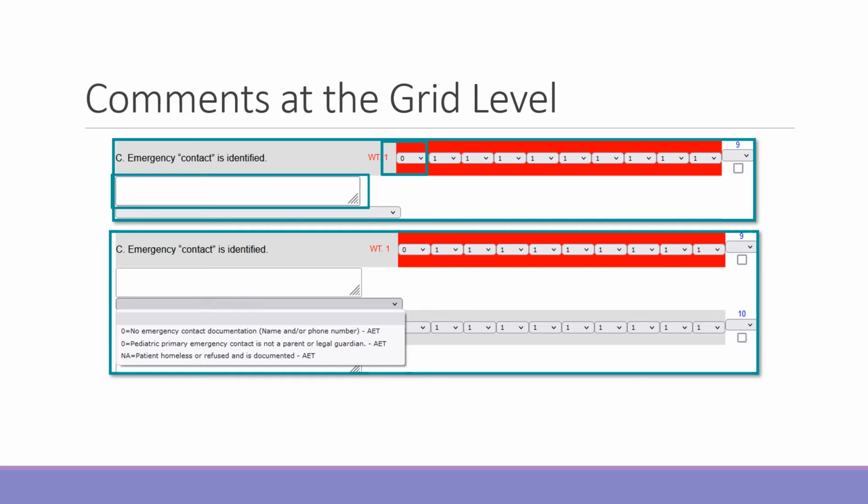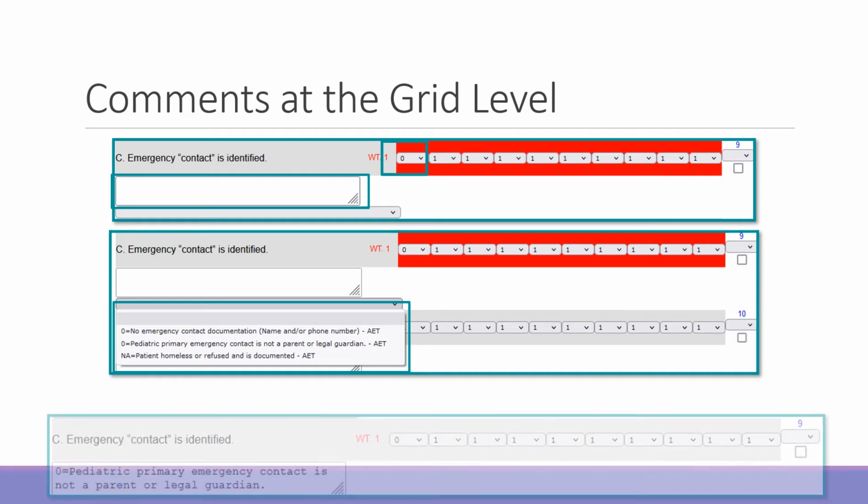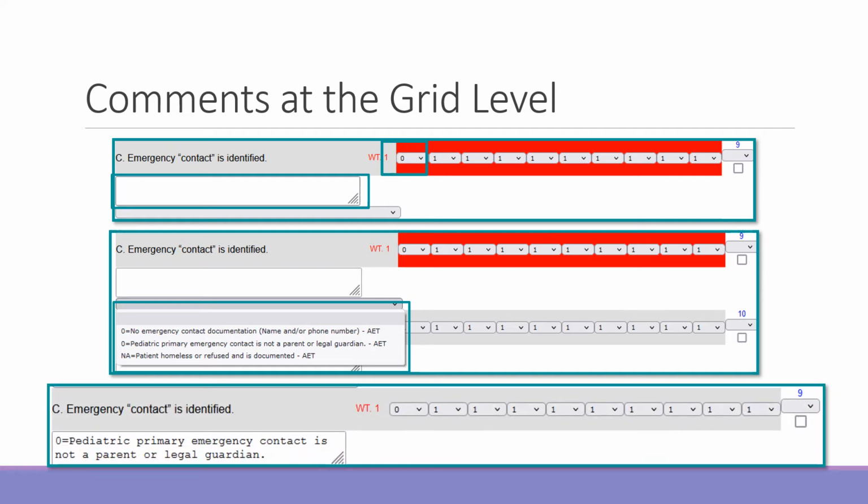The user should select a comment from the drop-down or type one into the white box and click Update. Once a comment has been entered, the red background goes away. The reviewer should edit the comment as it appears in the white box to indicate which record the comment applies to.